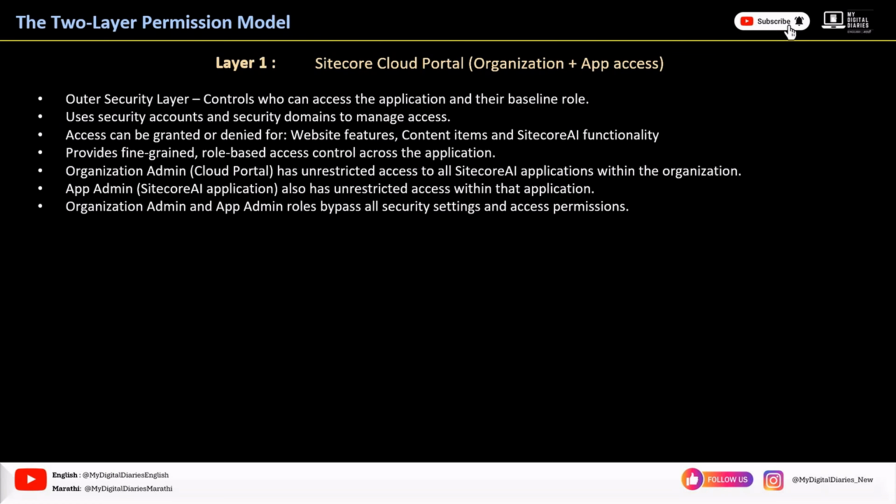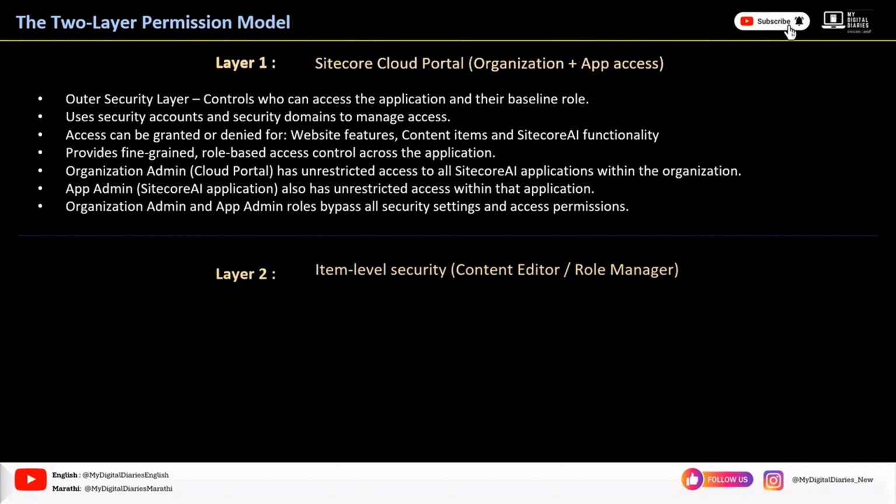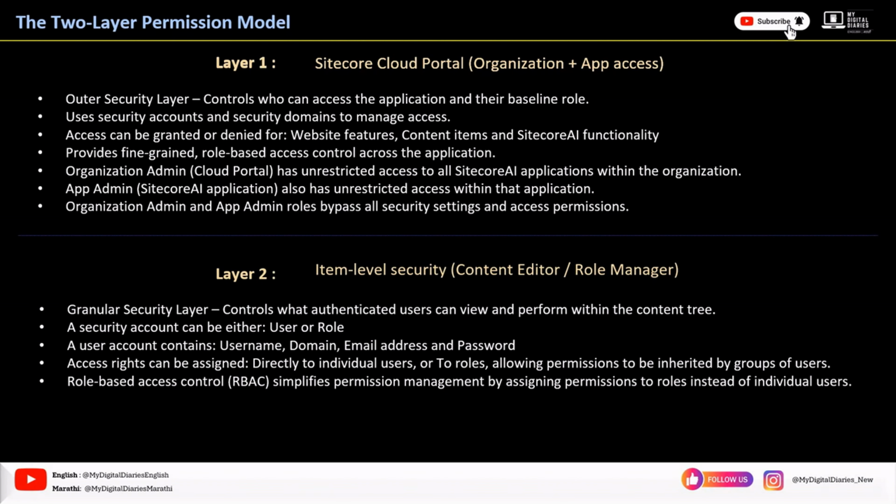Item level security, managed through the content editor and role manager. This is your granular security layer. While layer 1 decides who gets in, layer 2 decides what authenticated users can actually view and perform within the content tree. Security accounts, users or roles.